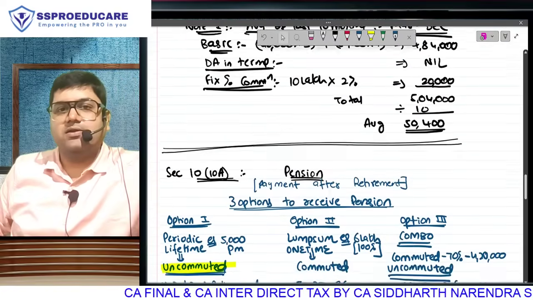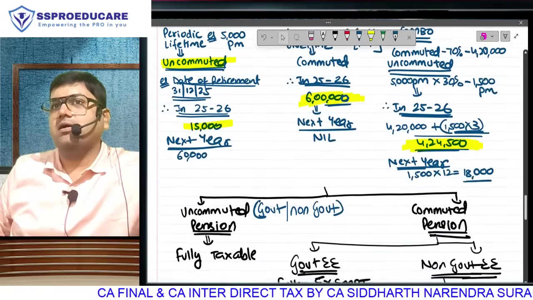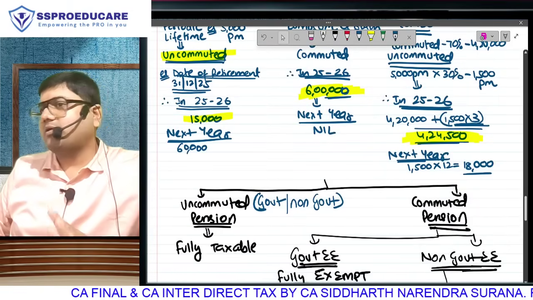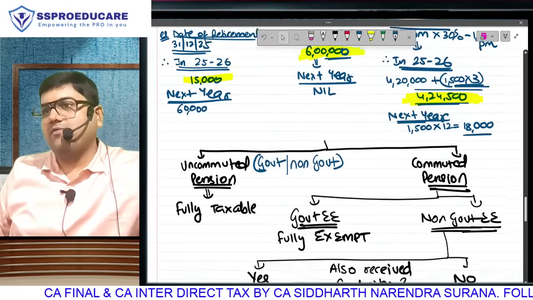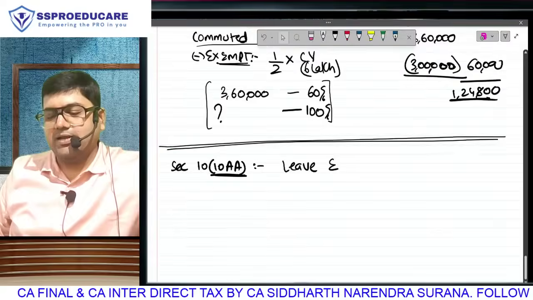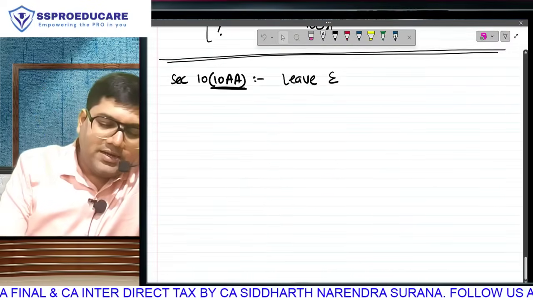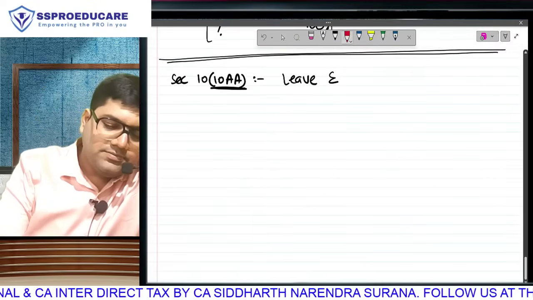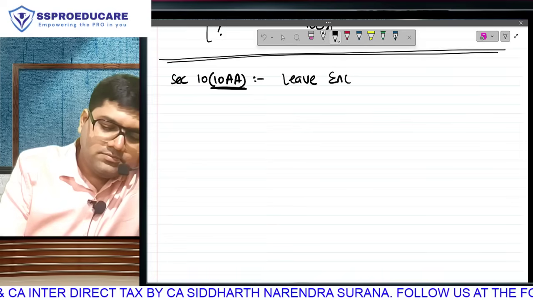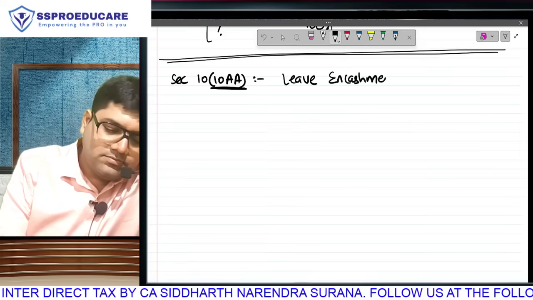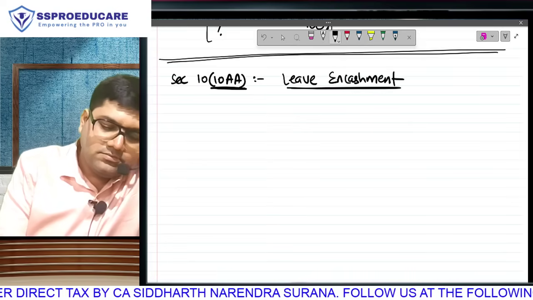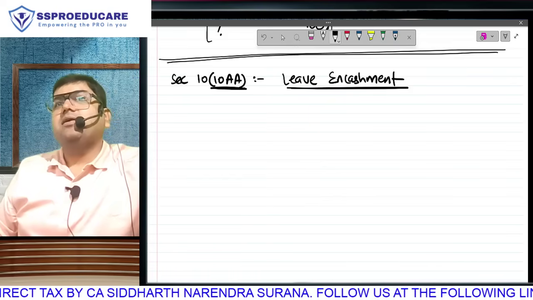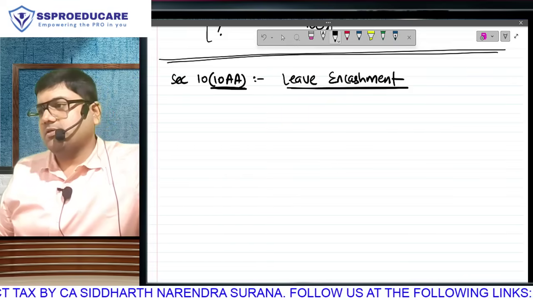We covered 10(10A) for pension, not 10(10AA). 10(10AA) will come now. First there is 10(10), after that 10(10A), and then we have 10(10AA). Pension is 10(10A), single A. Please make the correction. Humble apologies.